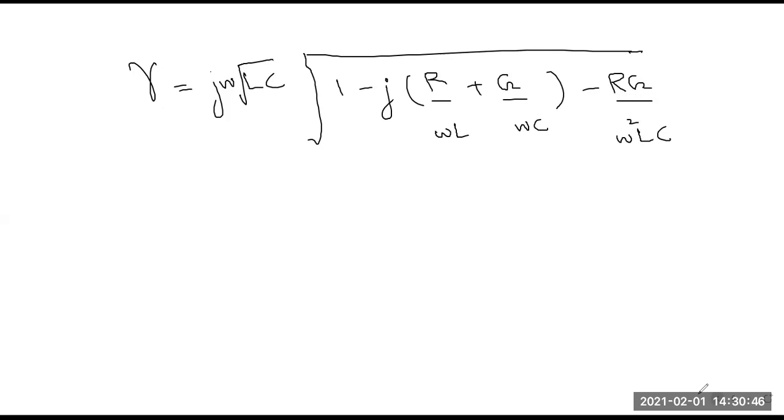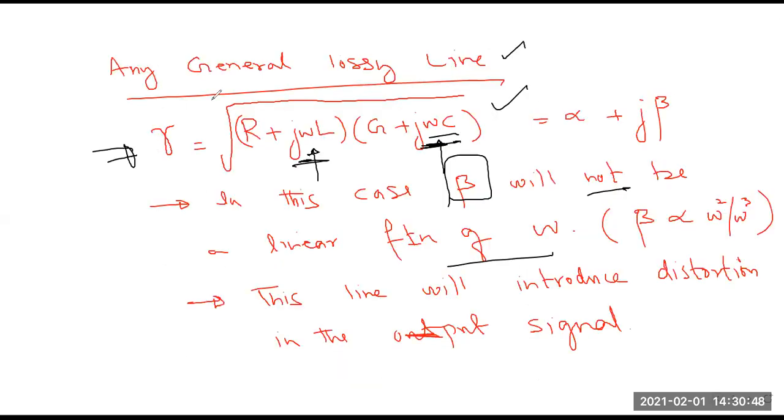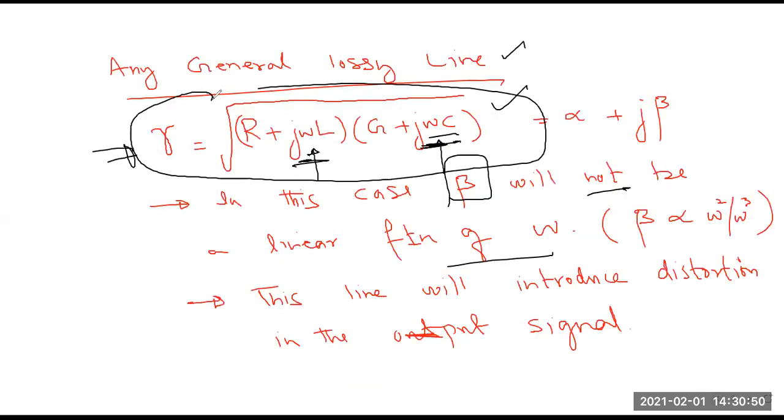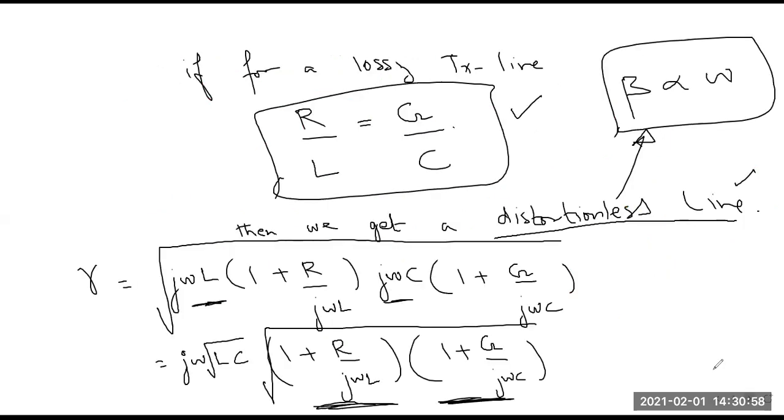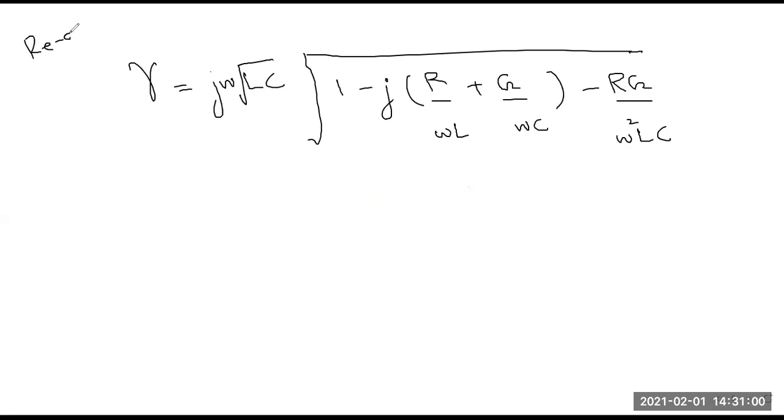So what I have done is I have taken this general form of the complex propagation constant, which is the square root of R plus j omega L into G plus j omega C, and I have rearranged it to this form. This is the same thing, just represented in a different manner.